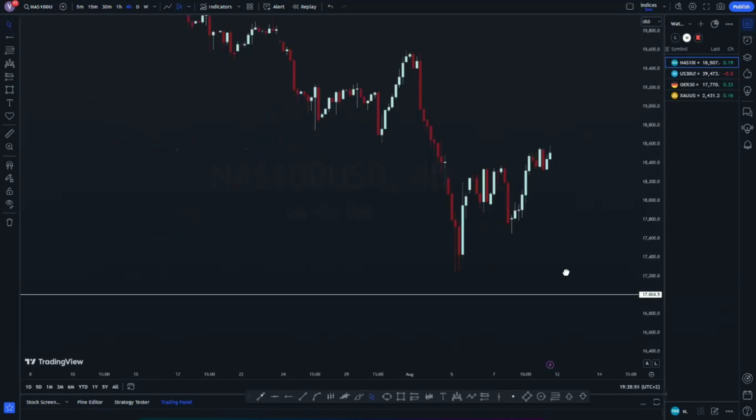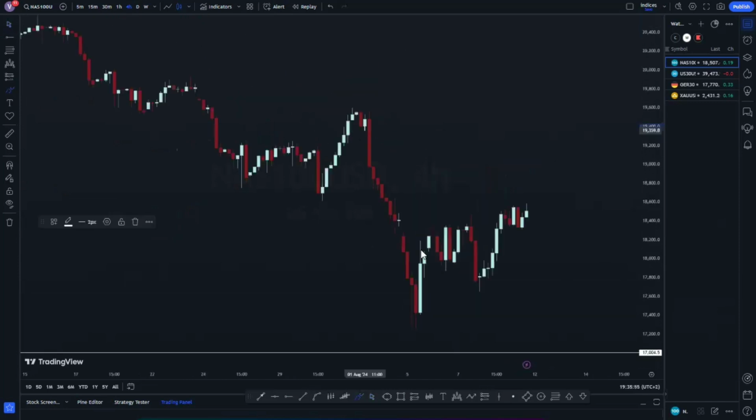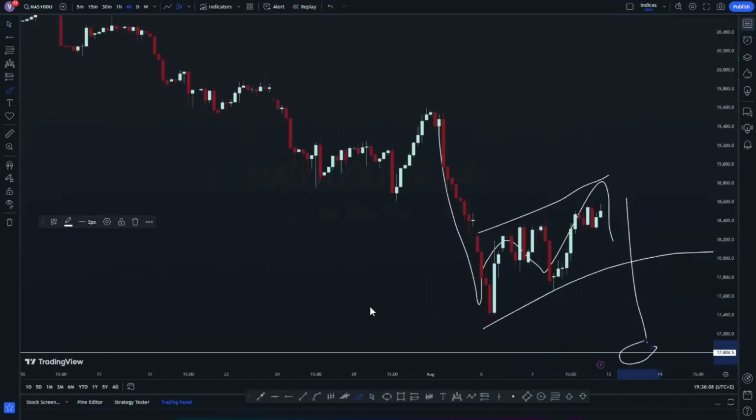Now we're on a 4-hour time frame. You can see that we had this impulse to the downside, and now the market's starting to correct. And you know, after a correction, we're expecting a what? Another push to what? To the downside, maybe to reach this zone here, down there.